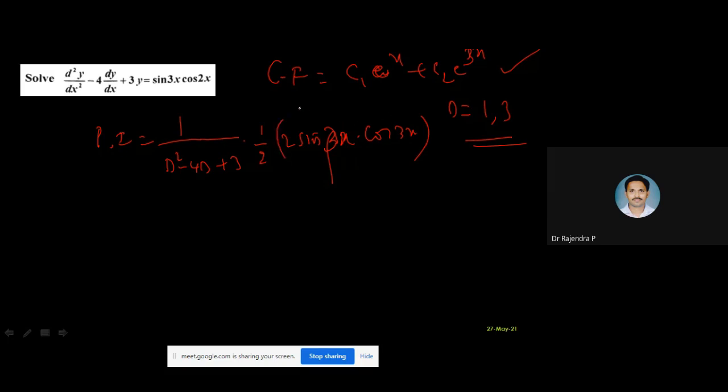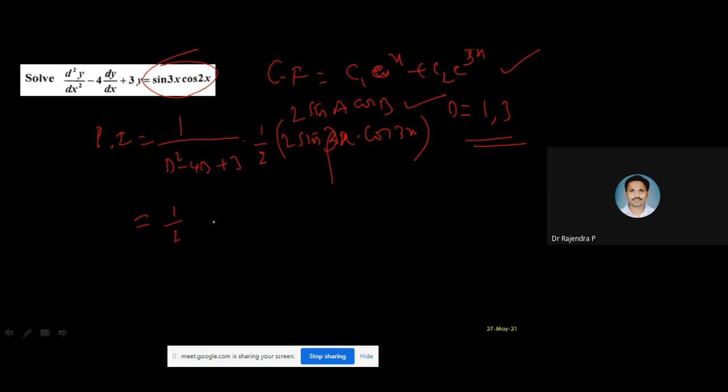What I am doing here is trying to write it in 2 sin A cos B form, product form. So we can apply the product-sum rule here, because we don't know how to evaluate this particular problem directly, right?